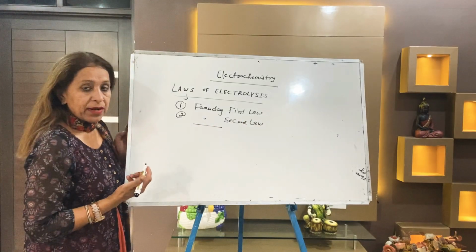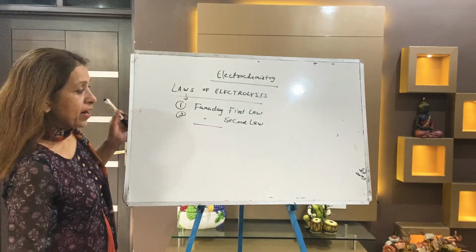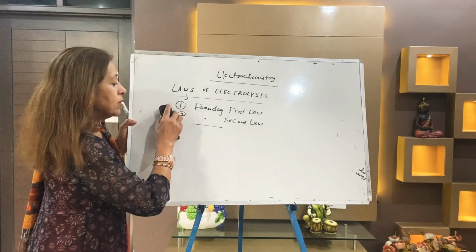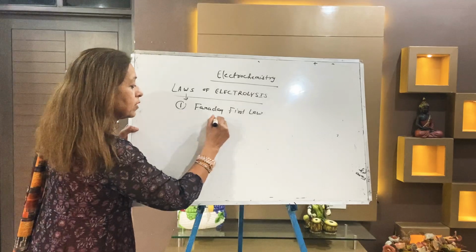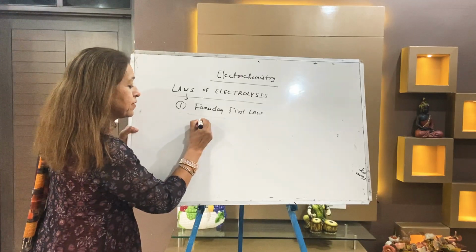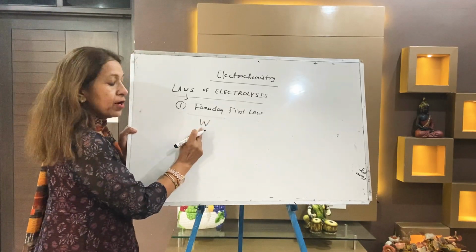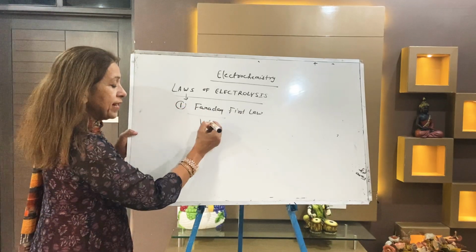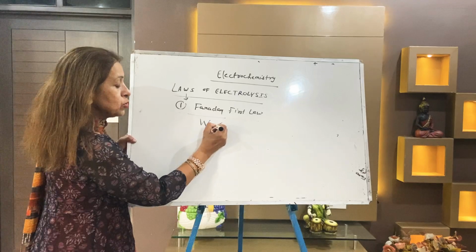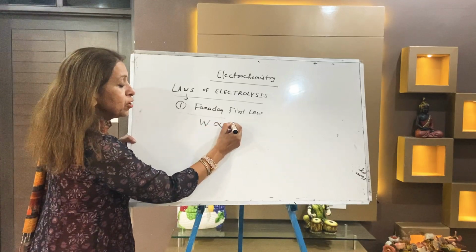Now taking one by one. According to Faraday's first law, the weight of the substance liberated, that is W, when the electric current is passed, is directly proportional to the quantity of the charge.